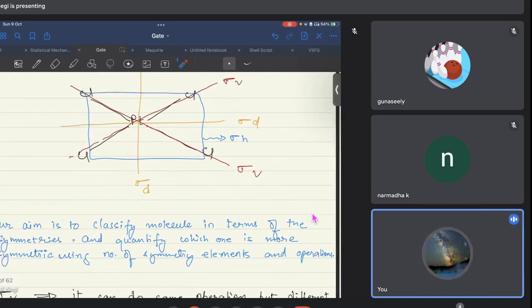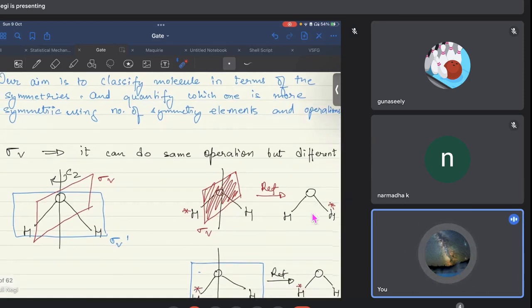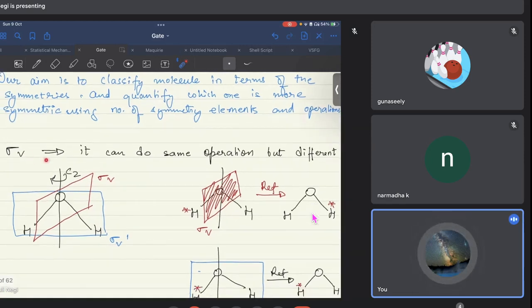But in a water molecule, if you take sigma v, it can do the same operation, but they are actually different. So why am I saying it is different? Because when you go towards a character table, you should know the difference between these two sigma v planes, and I can define them as one sigma v prime and another one simply sigma v.